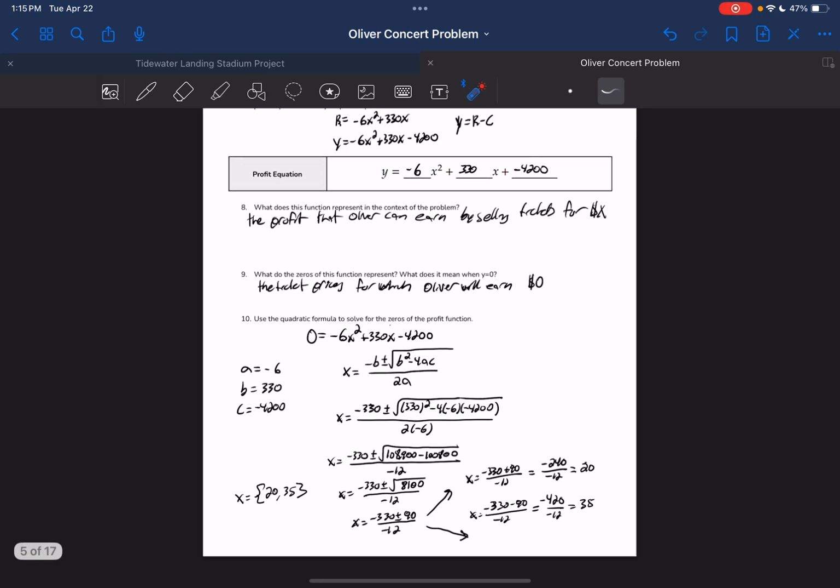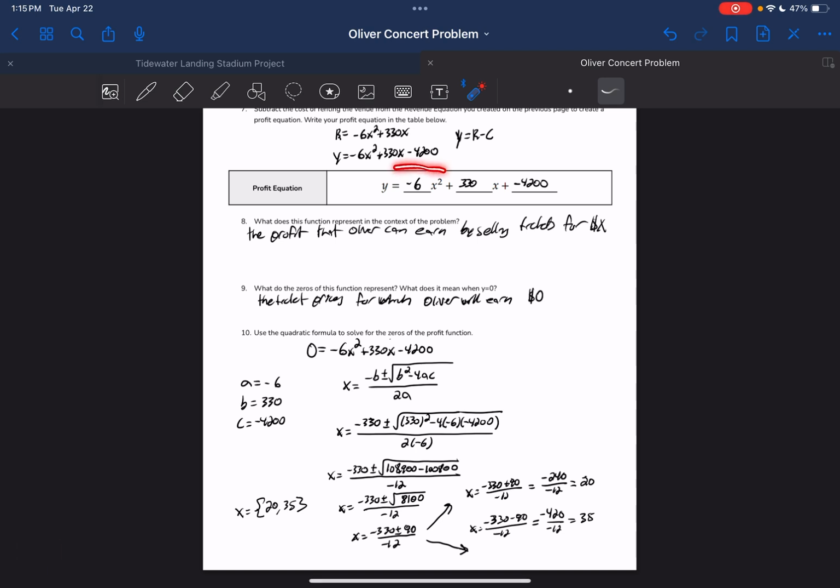So we have this profit function that says the amount of profit that Oliver can earn for selling tickets for X dollars. Whatever the value of X is, Y tells us the amount of profit that we can get. We said, what happens when Y is 0, and we solved for the X values.